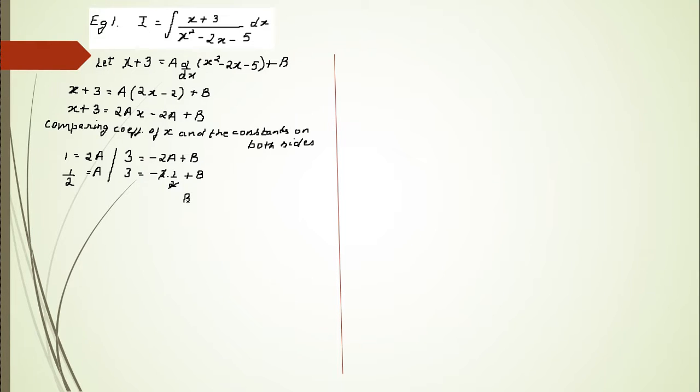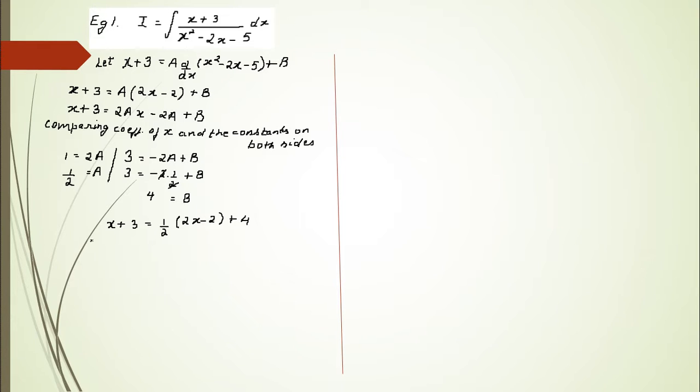Therefore b is equal to 3 plus 1, that is 4. Therefore now we can write the numerator, that is x plus 3, is equal to a, that is 1 by 2, into 2x minus 2, plus b, that is 4.